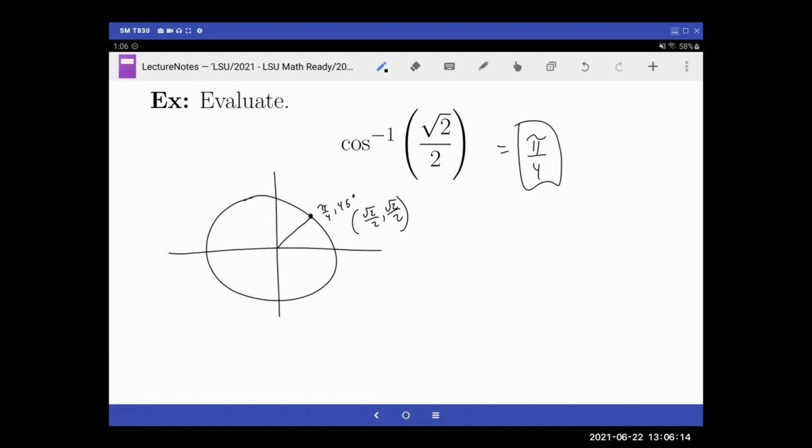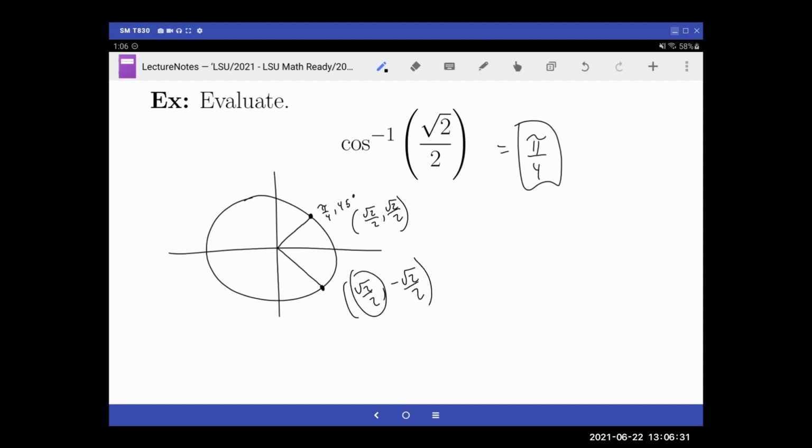Okay, so let's also talk about the fact that cosine is square root of 2/2 in multiple places, right? It happens here as well at -pi/4. You have square root of 2/2. The y value is now negative, but that x value is the same.